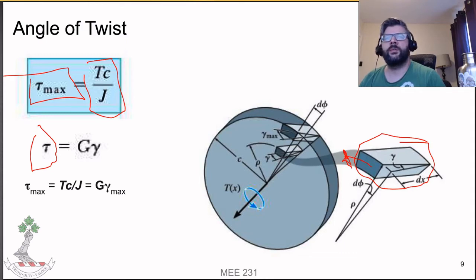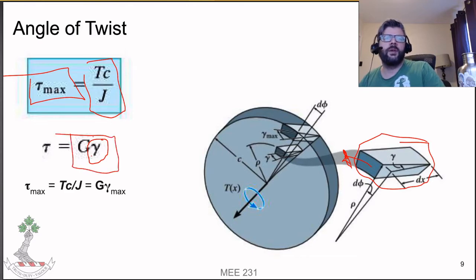The relationship between the amount of strain and the stress induced is going to be a function of Hooke's law. So we can figure out that relationship based upon our shear modulus.